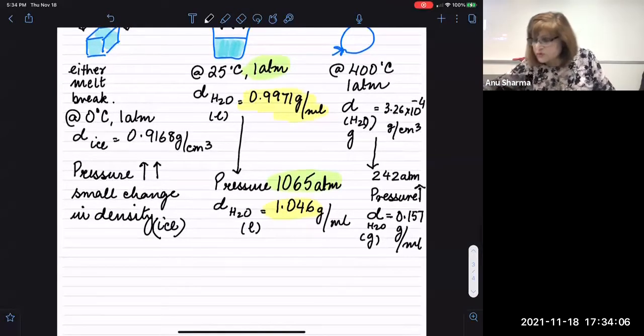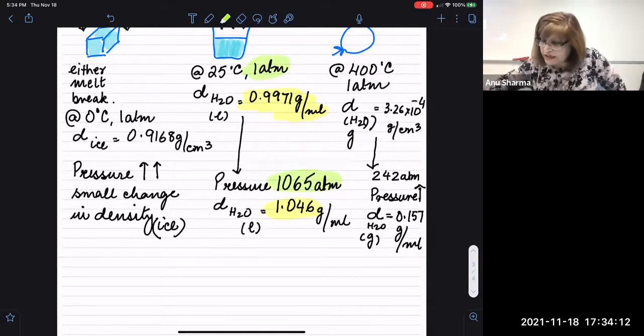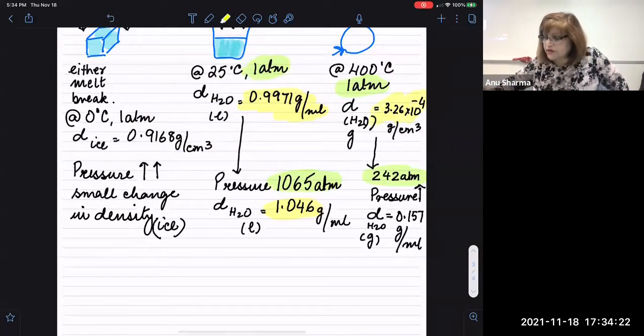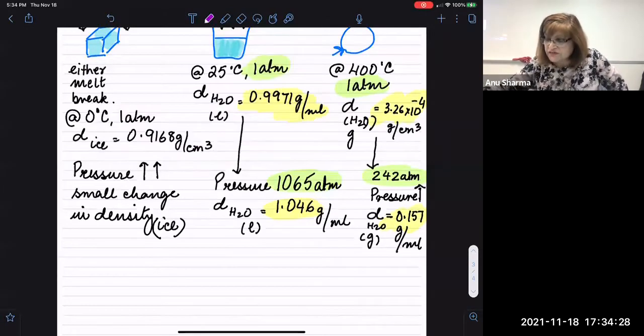Okay, so we see that the density in this scenario, there is quite a huge variation. From 1 atm to 200, like 200 times more. But we see here that this is a very small number, and then it changes to 0.157. So this shows that the density of these particles has changed significantly.